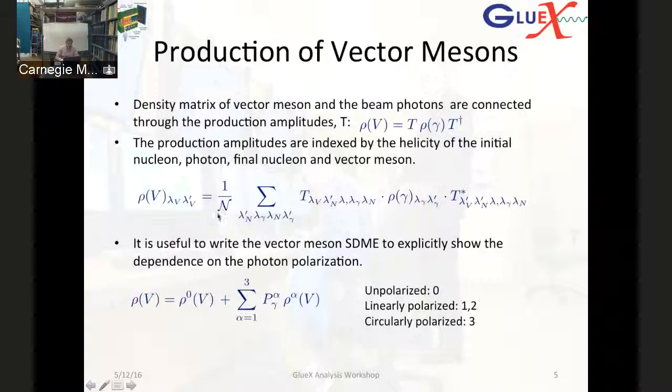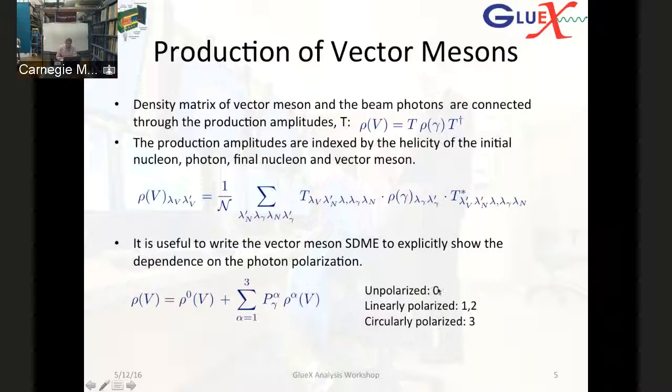There's some normalization factor. So the density matrix of the vector meson, these elements here, which is a 3 by 3, is basically this sum over these theoretical amplitudes, or however you got them, the density matrix of the initial photon beam. And with photons, a common thing is to decompose this density matrix into basically 4 components that have to do with the polarization of the photon.